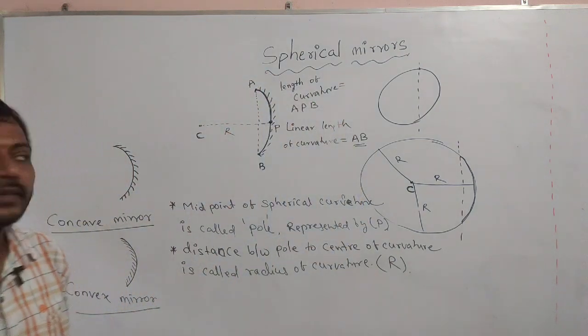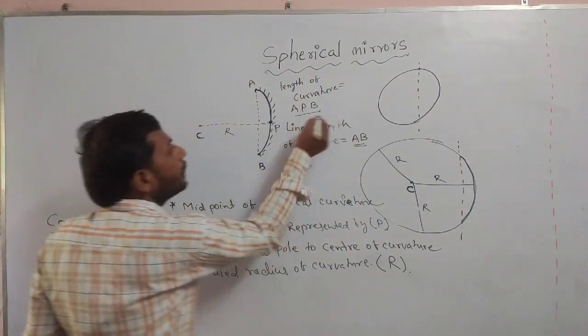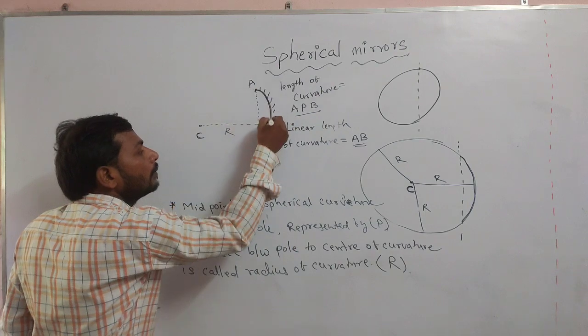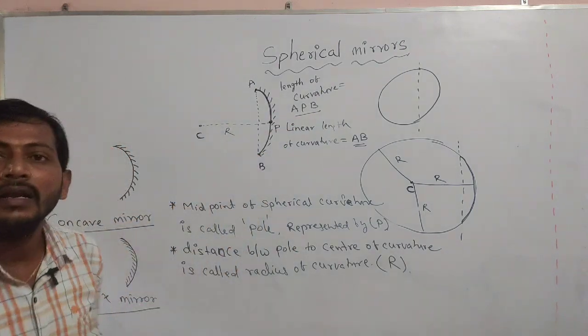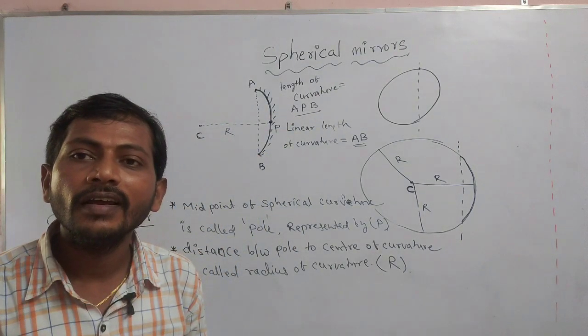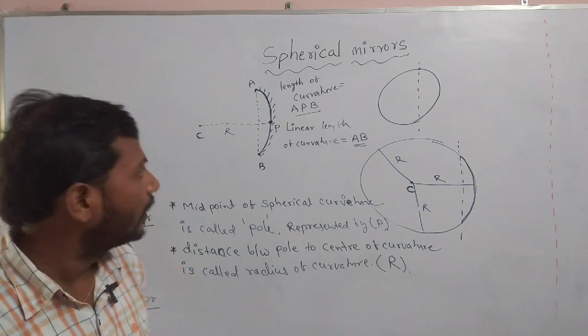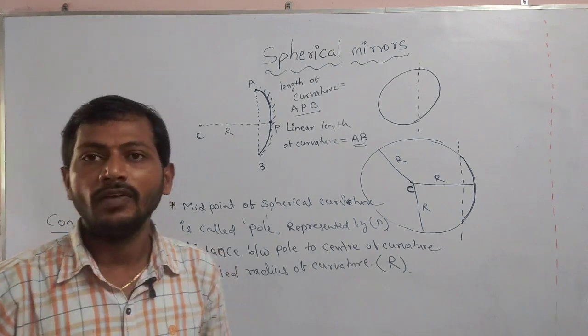AB in a straight line. APB means what, Nana? APB means you have to come through APB. This is called, very good, length of the curvature.